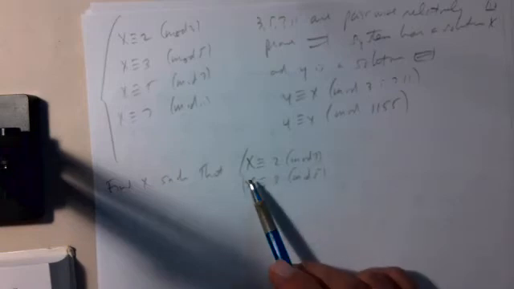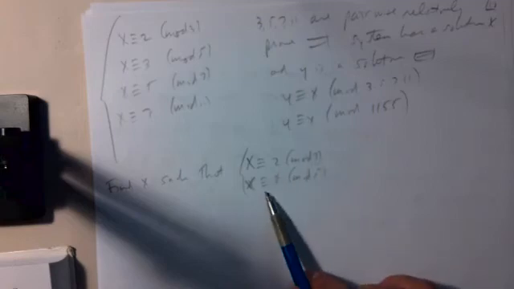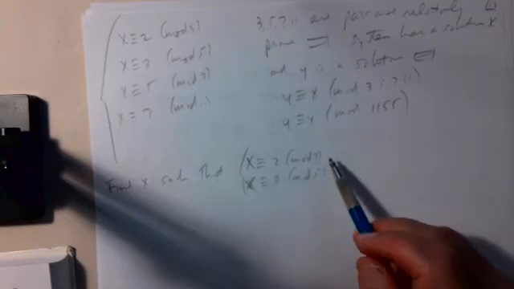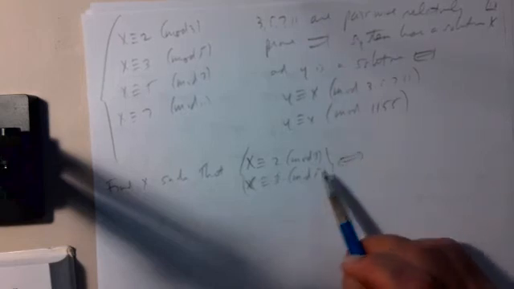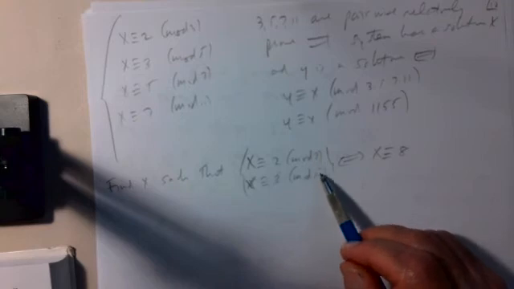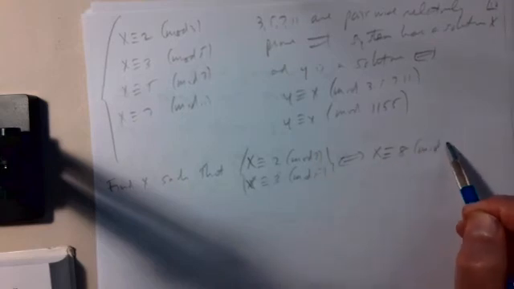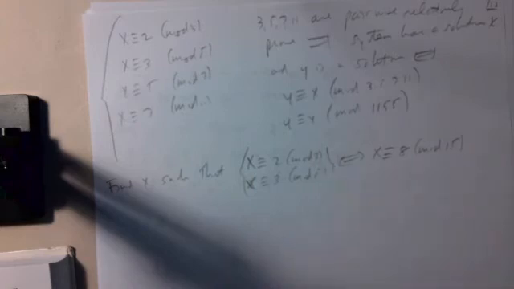Well, 8 minus 2 is 6, divisible by 3. 8 minus 3 is 5, divisible by 5. So x equal 8 works, and anything congruent to 8 modulo 15. So that's for the first two congruences.